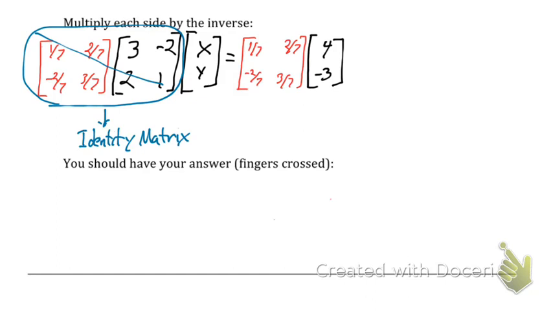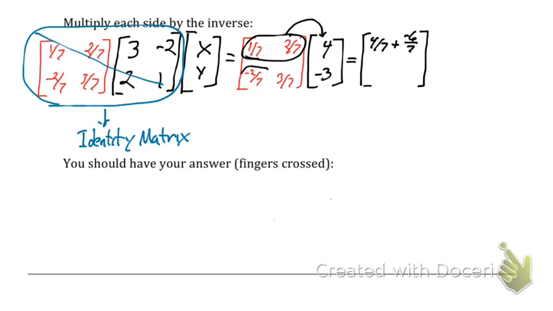On this side, we actually have to do the multiplication. We have to do the work on the right-hand side. So to do that work, we're just going to do row times column. So our top is going to be 1/7 times 4, which is 4 over 7, plus 2 times a negative 3 is a negative 6 over 7.